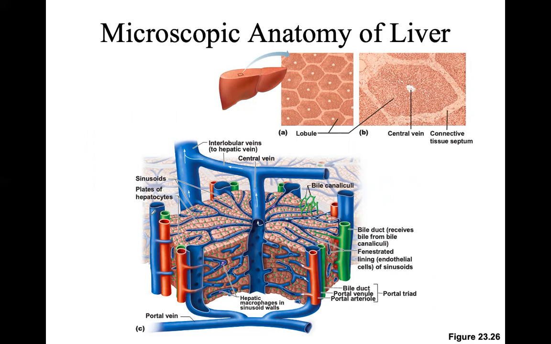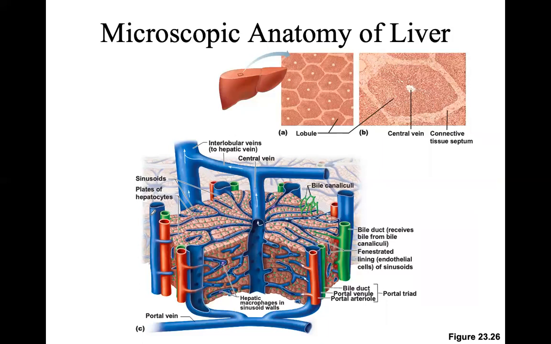You have the blue ones that can be associated with the hepatic portal vein, which is responsible for detoxification. And you have the hepatic vein, which is basically picking up the blood after it has been detoxed and dropping it into the inferior vena cava.